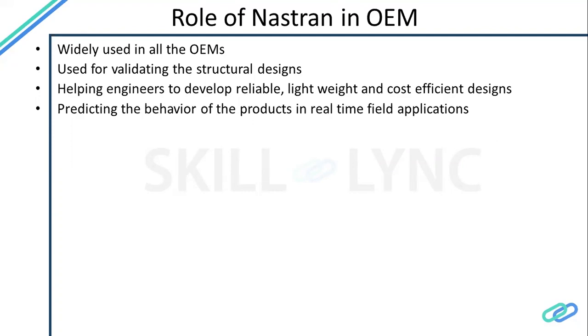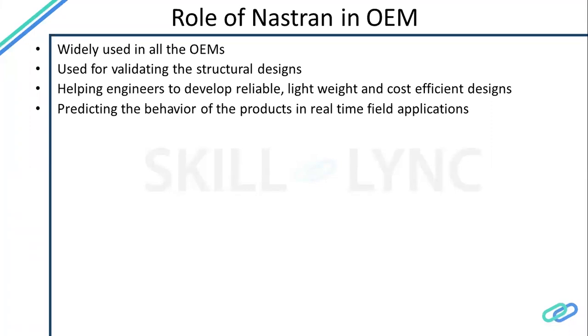But if you take the example of a small tiffin box or lunch box, not much development goes into it. There is only one design, and it is fixed, so the analysis which needs to be done is very limited.